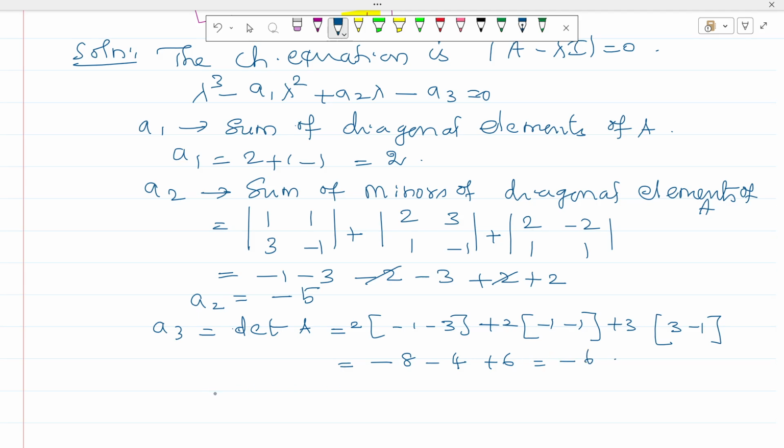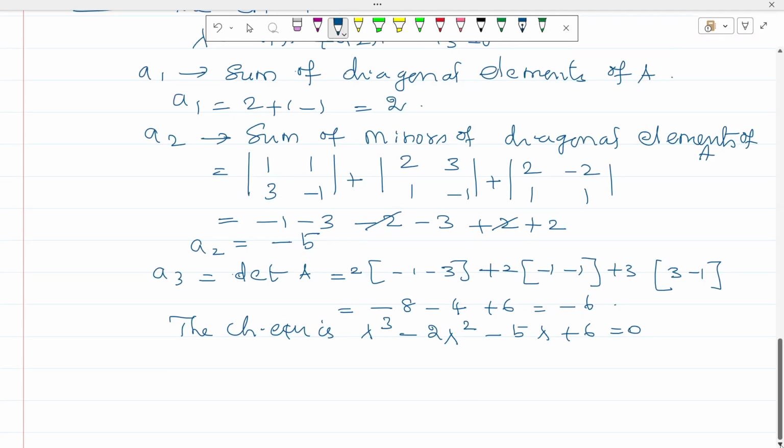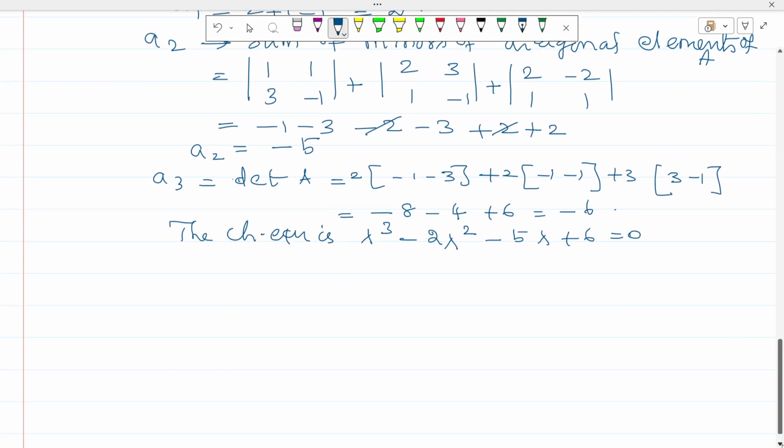So if you substitute the values a1, a2, a3, the characteristic equation is λ³ - 2λ² - 5λ + 6 = 0. Then we can solve by using the synthetic division method.